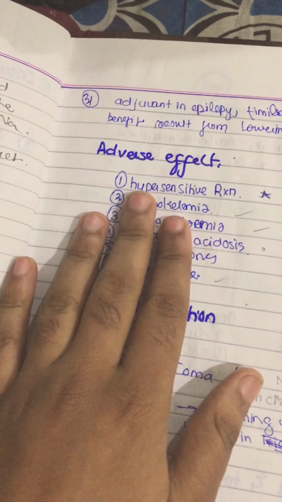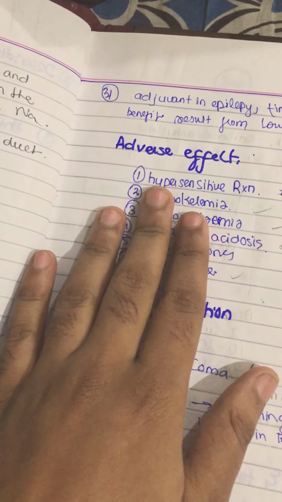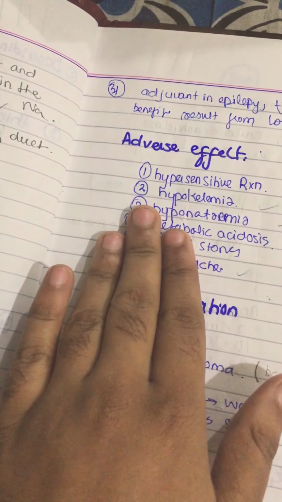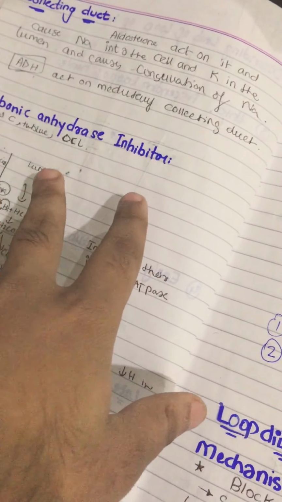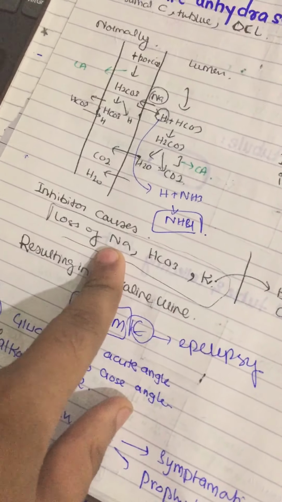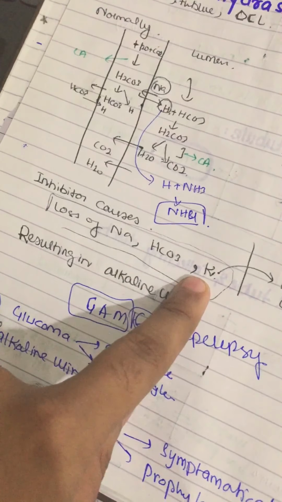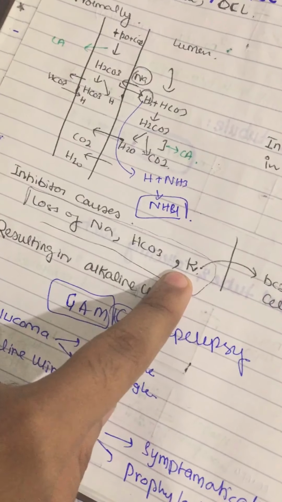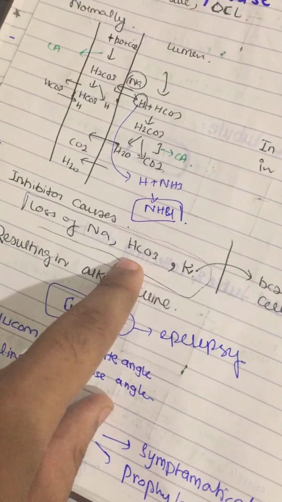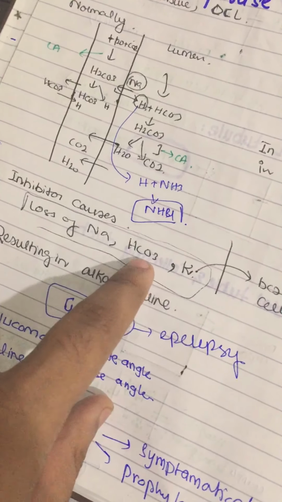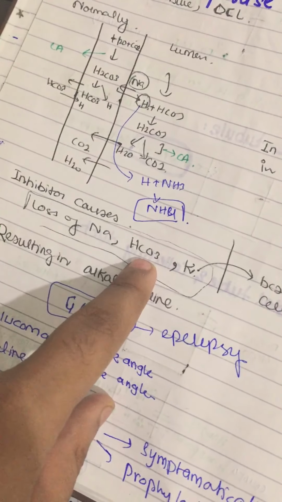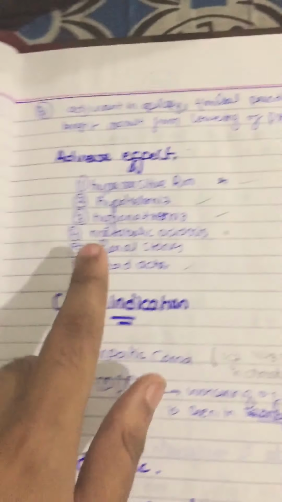And there are the adverse effects. To remember the adverse effects, just remember the basic concept and you're going to be good to go. There's going to be loss of sodium, so hyponatremia. There's going to be loss of potassium, which is hypokalemia. There is going to be an increased level of hydrogen in the body, so metabolic acidosis.